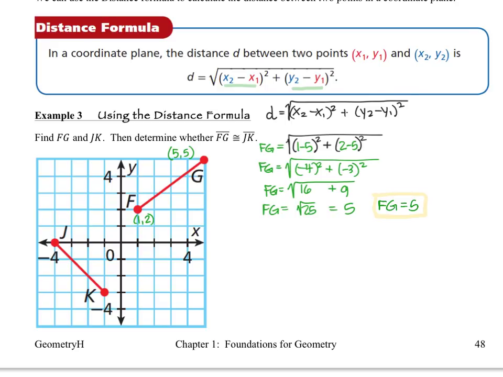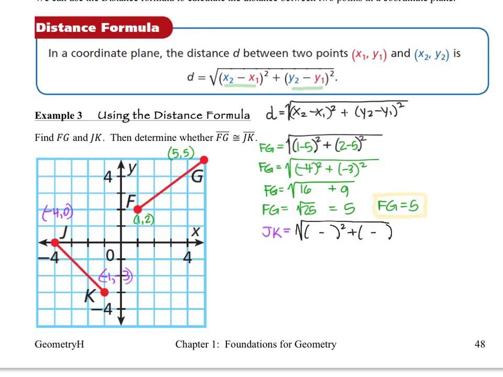The next step is to find the length of segment JK. And once again, we're going to plug the coordinates of our points for J and K into our distance formula. So once again, let's put the coordinates down. K is located at -1, -3. That's a little bit hard to read. And then point J is located at -4, 0.